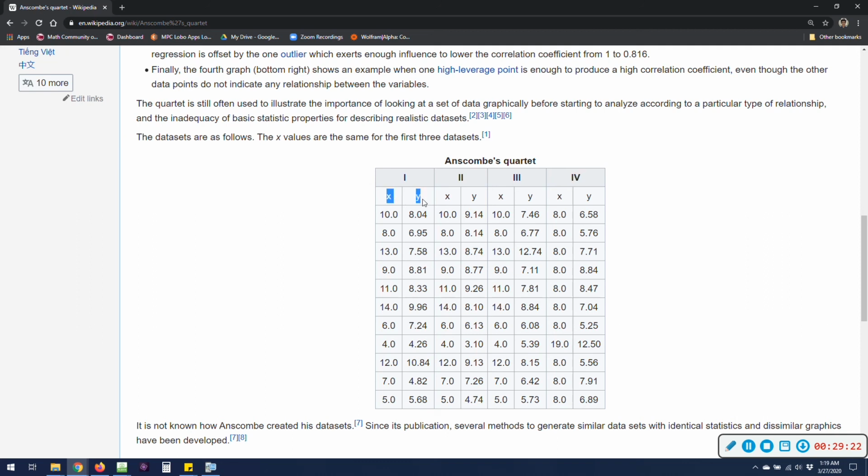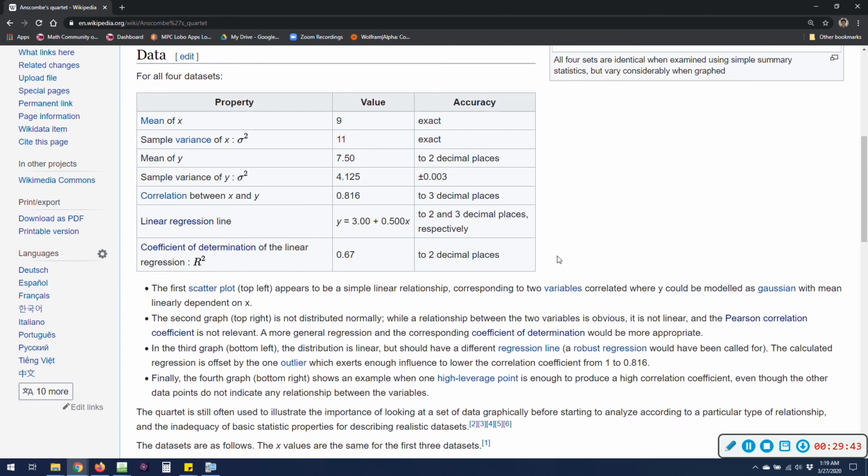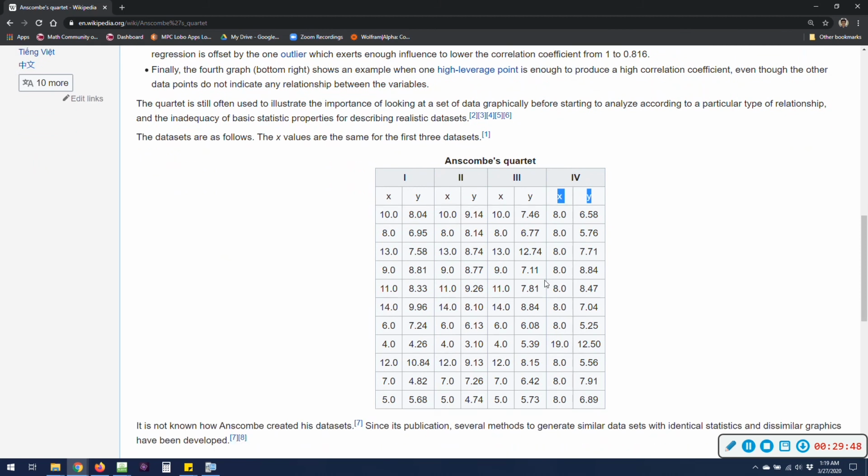So you have four sets of bivariate data, four pairs of x's and y's. It turns out that the statistics for these x's and y's are very similar. One surprising thing is that if we were to calculate the r here, they're all the same.